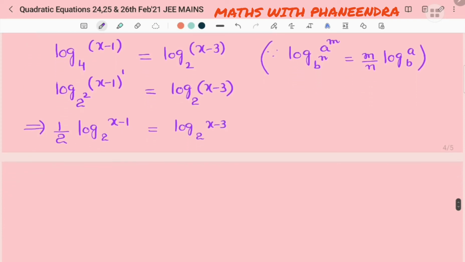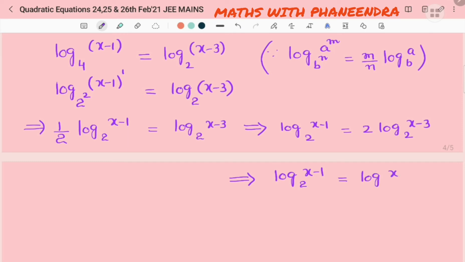After that, cross multiplication, so 2 we are taking here: log x minus 1 to the base 2 is equal to 2 into log x minus 3 to the base 2. So from this step, log x minus 1 to the base 2 is equal to log x minus 3 whole square to the base 2. Here we are applying the property: m log a can be written as log a power m.